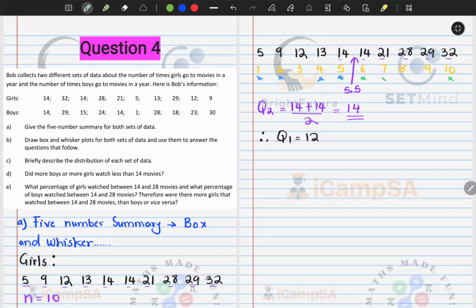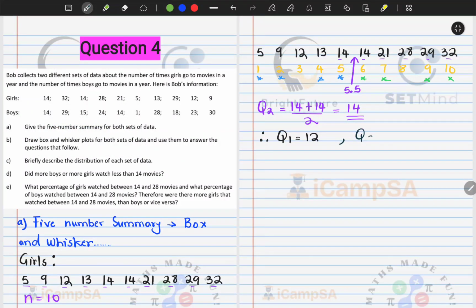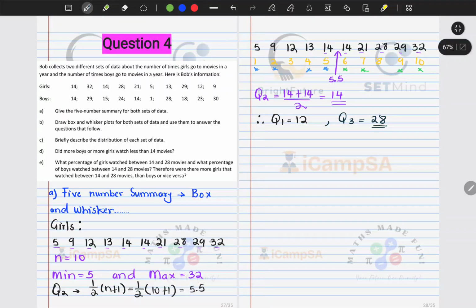This for that, this for that, and you have a middle term. That becomes your Q number 3. So your Q3 becomes, if you observe carefully, 28. Okay. So you now have your Q1, your Q2, your Q3, and so on.